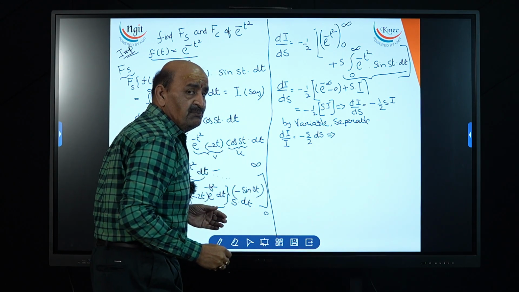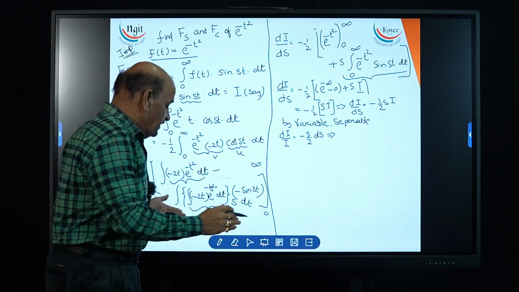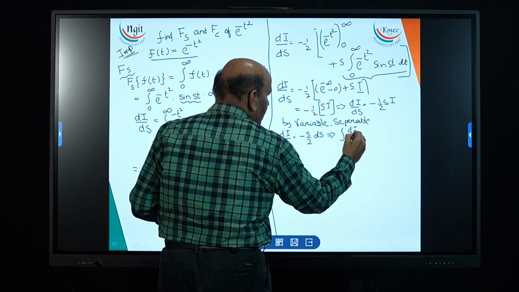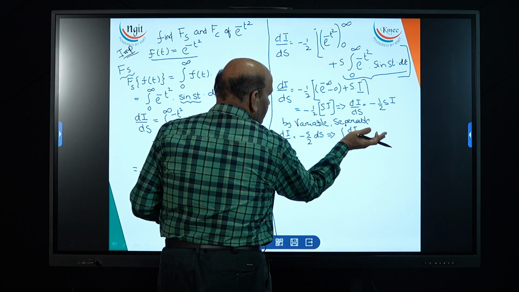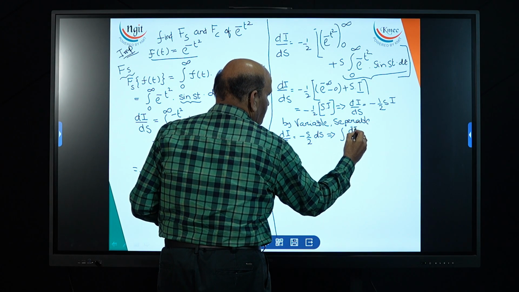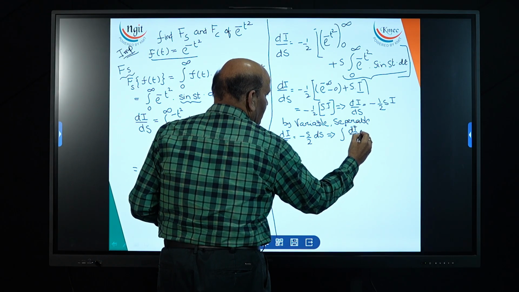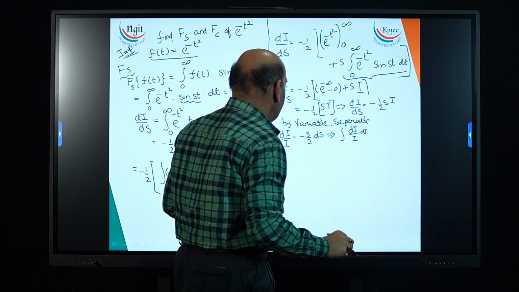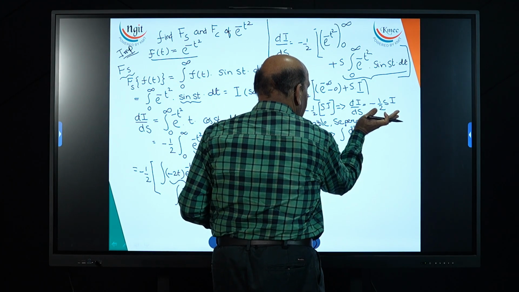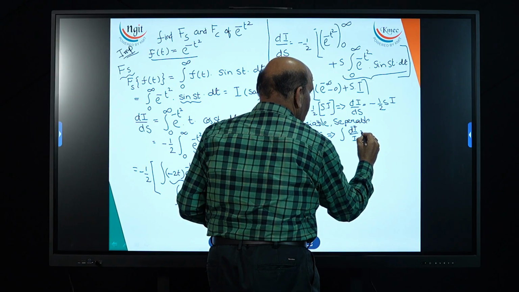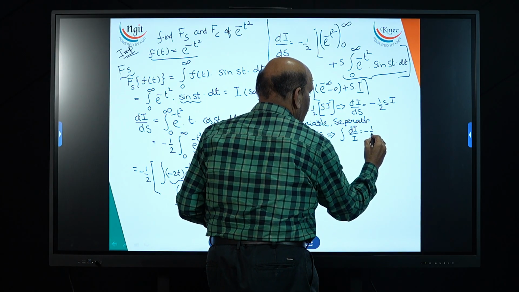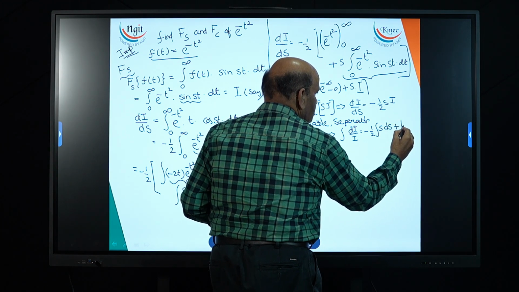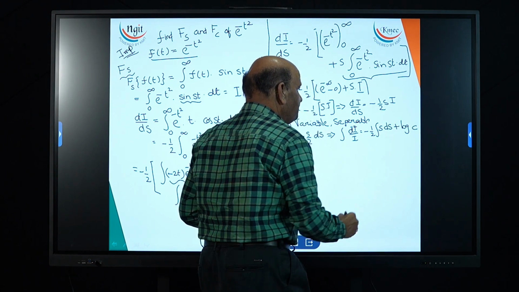Now integrating both sides, this will become the integral of dI by I, that is equivalent to minus half into the integral of s ds plus some constant, that is log c.